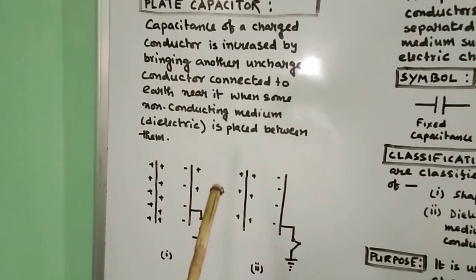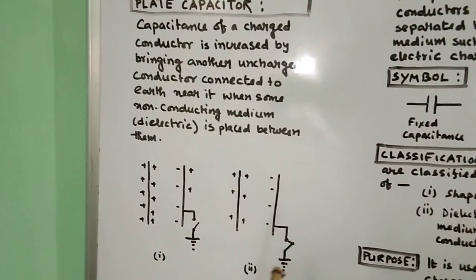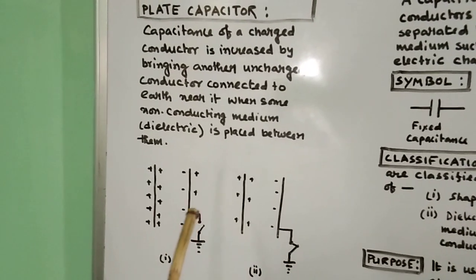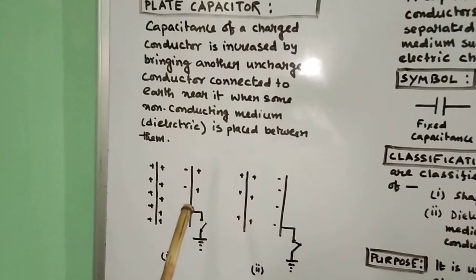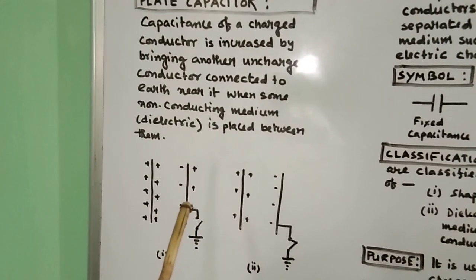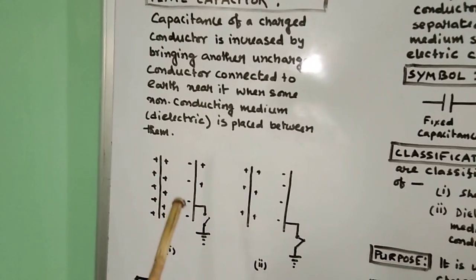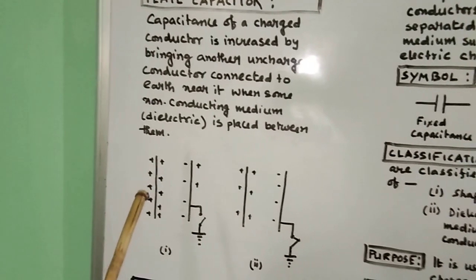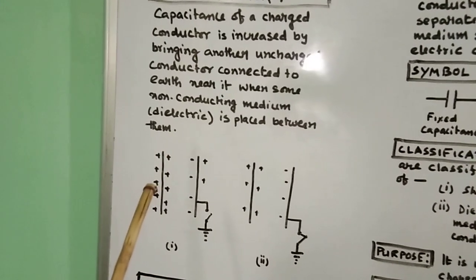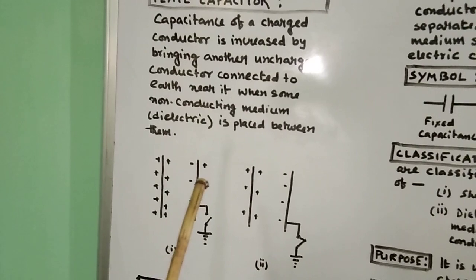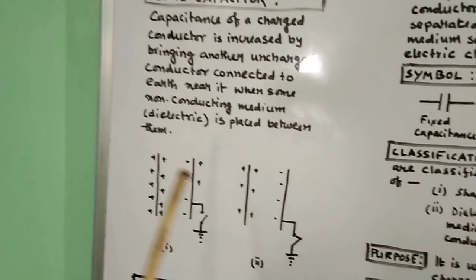So what will happen? The positive charge goes to the ground. Initially you have negative charge as well as positive charge due to induction. The negative charge will try to nullify some of the positive charge, and the positive charge will try to increase the potential.